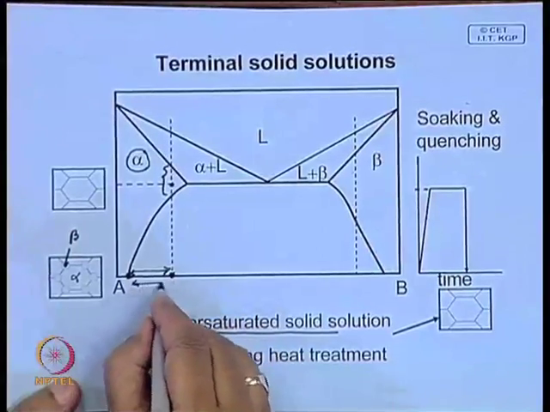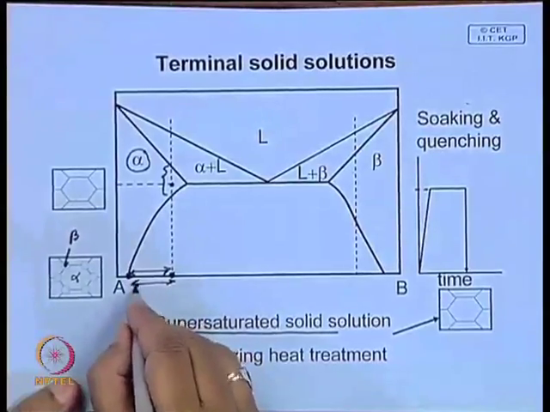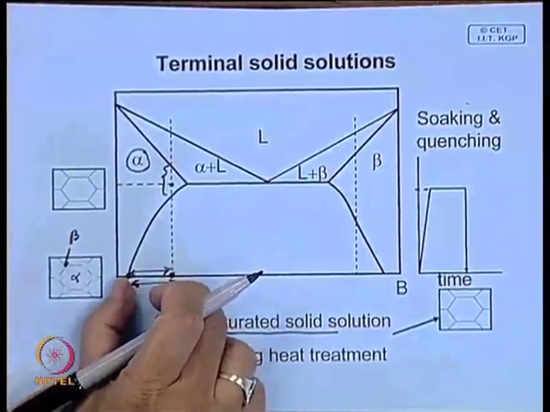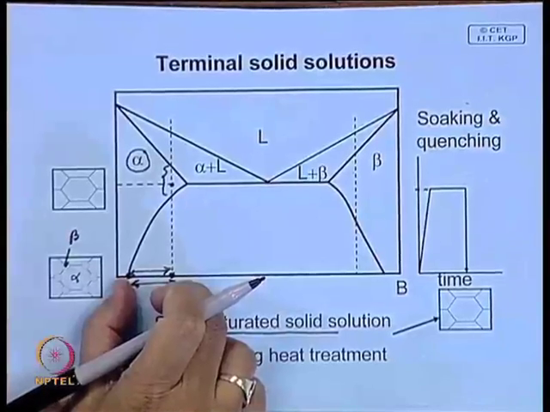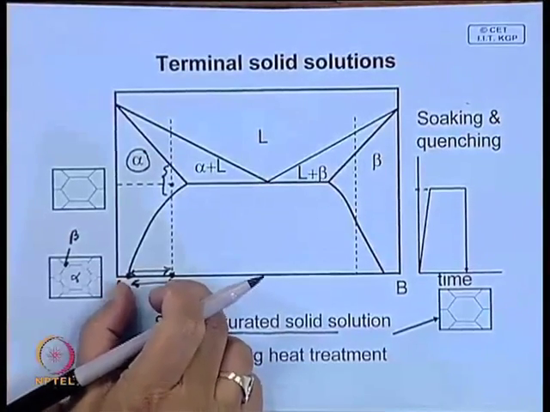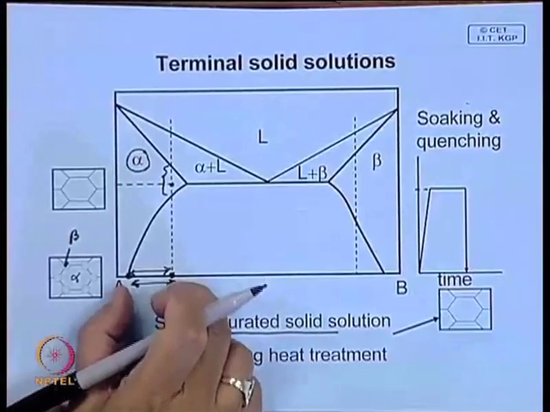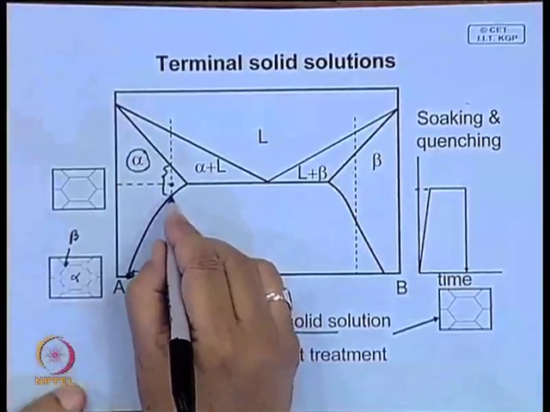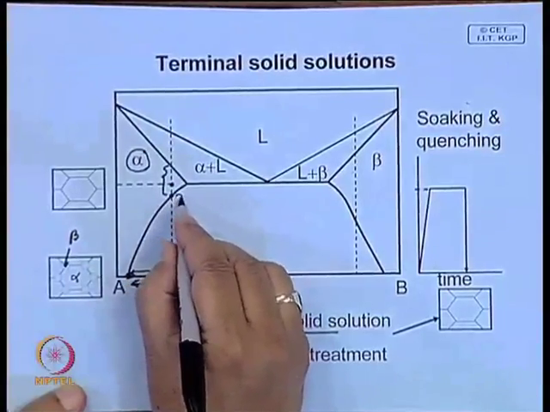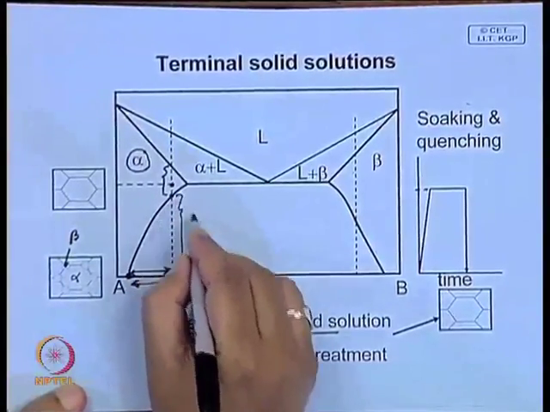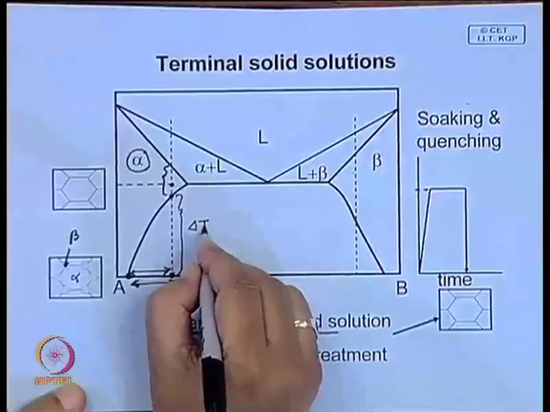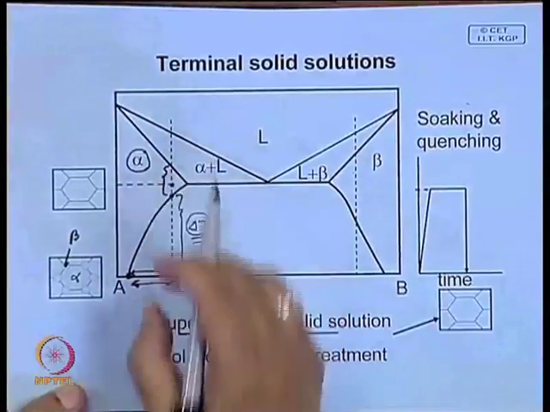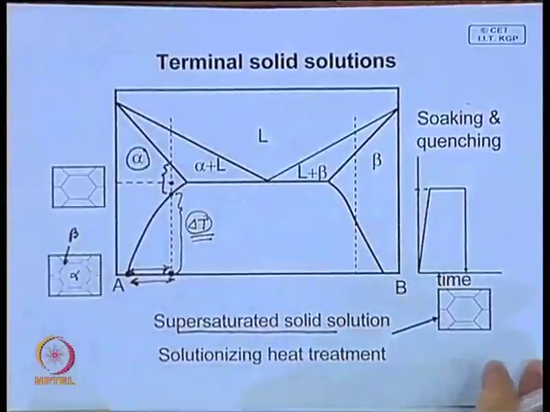So, this is the excess solute atoms present in the solid solution. This is a measure of instability. The other way we can say is that we have a supercooled system and this is the temperature difference. So, this is a measure of instability.